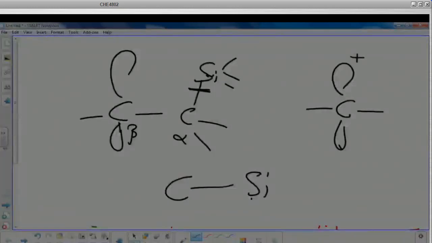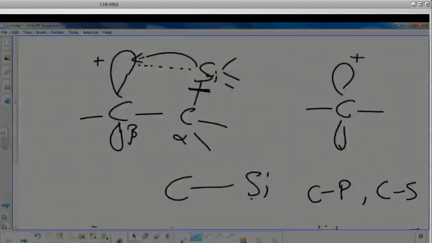You must know that the carbon-silicon bond is longer than the carbon-phosphorus or carbon-sulfur bond. So if you have the carbon-silicon bond like that, this silicon will move over to interact with that. We call that beta effect. So it stabilizes the positive charge on the carbocation at the beta side. That is the Peterson reaction.